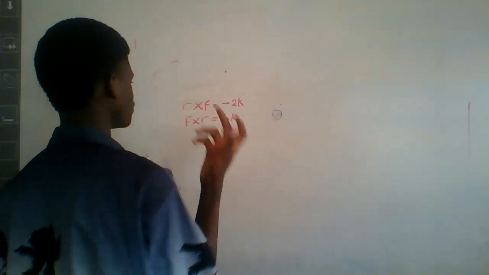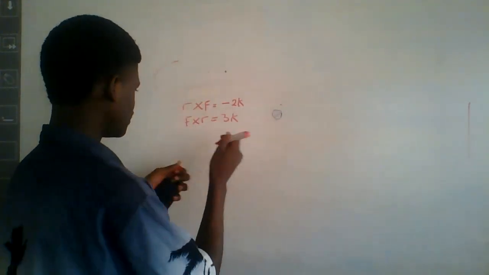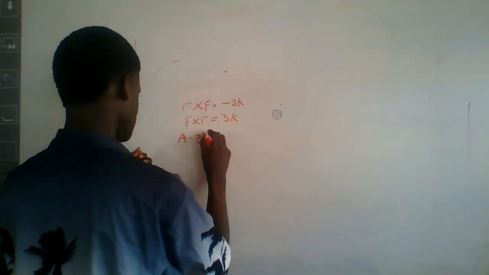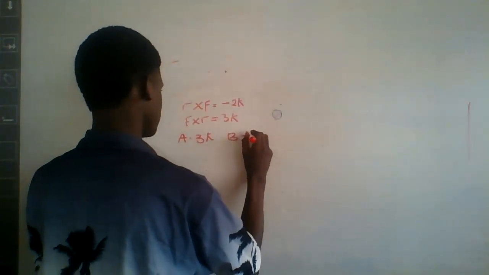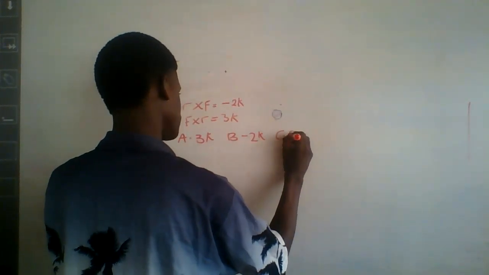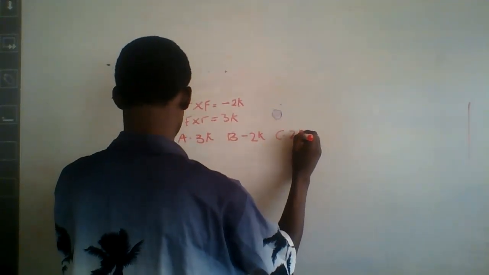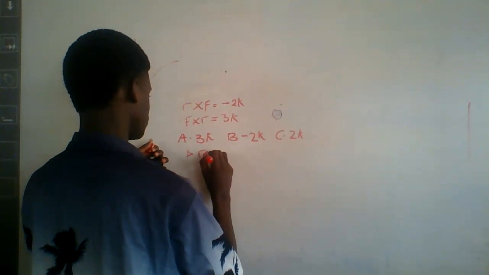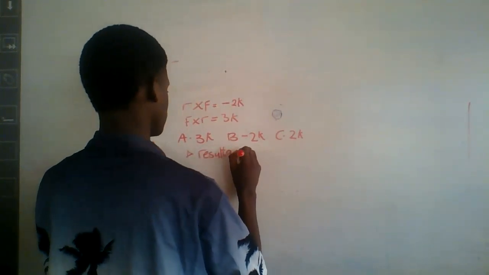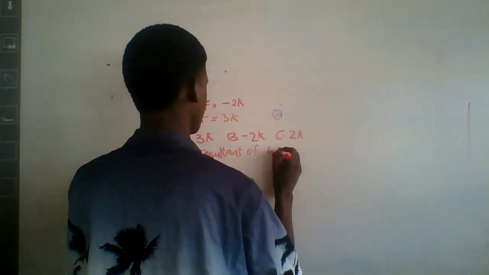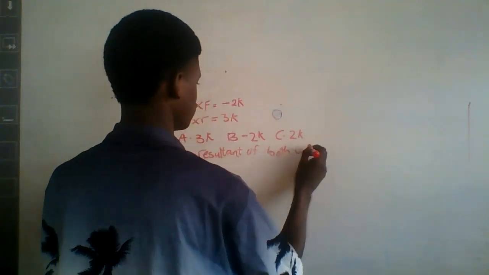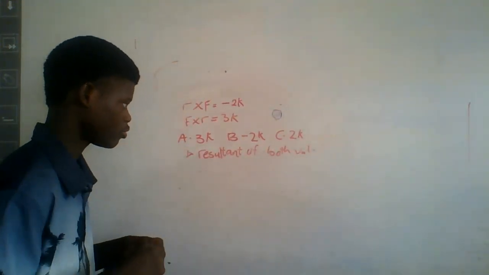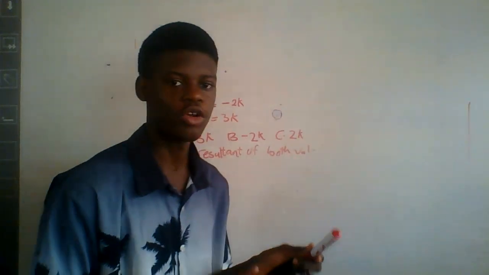The options are A 3k, B minus 2k, C 2k, and D resultant of both values.